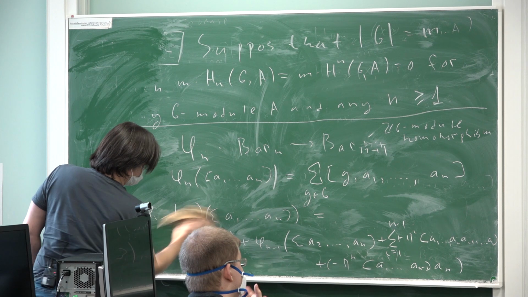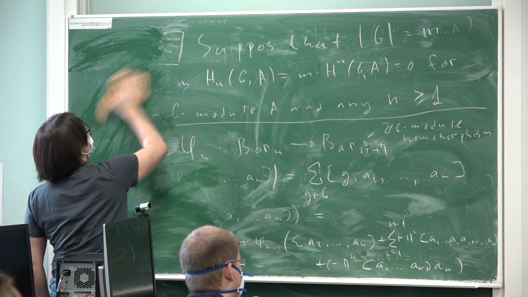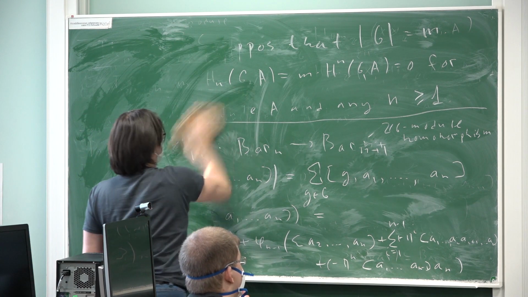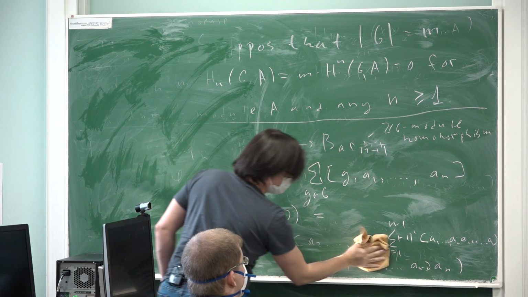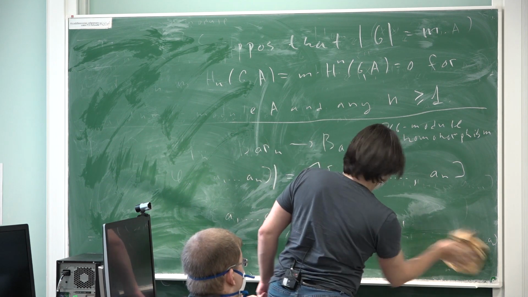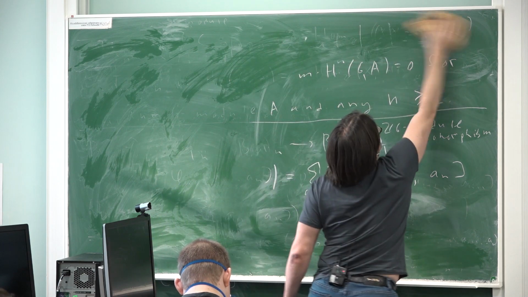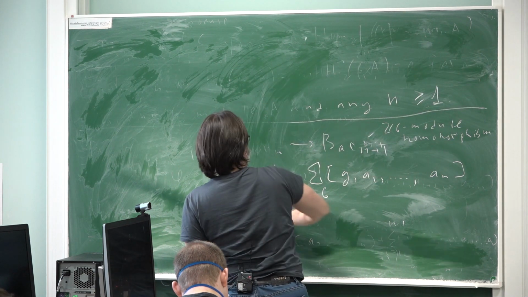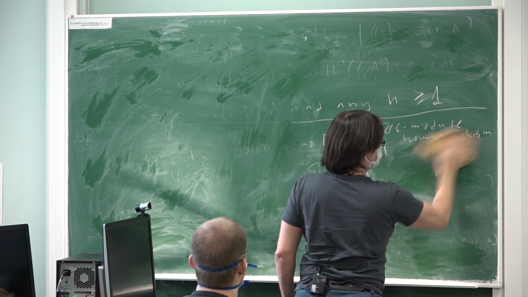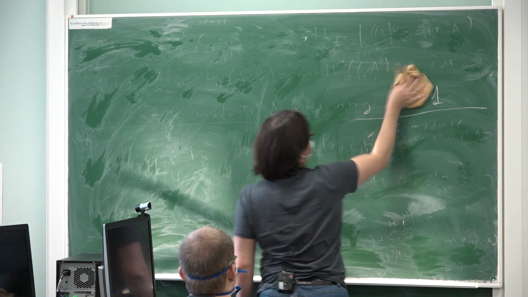So our problem now is to describe all extensions of A by G. But such an extension, except A and G themselves, has other data.